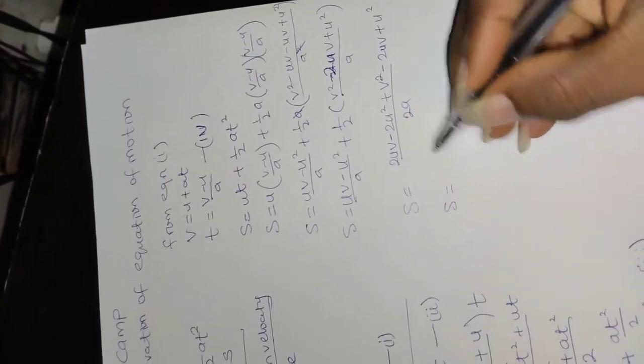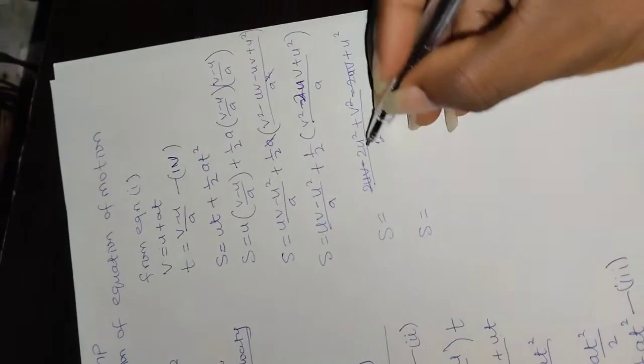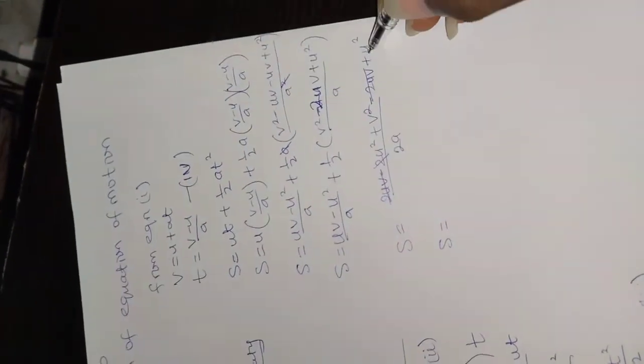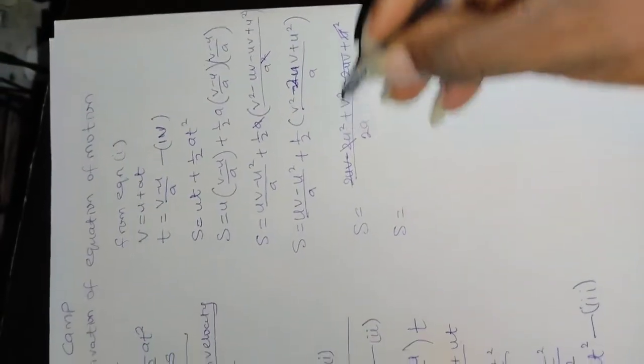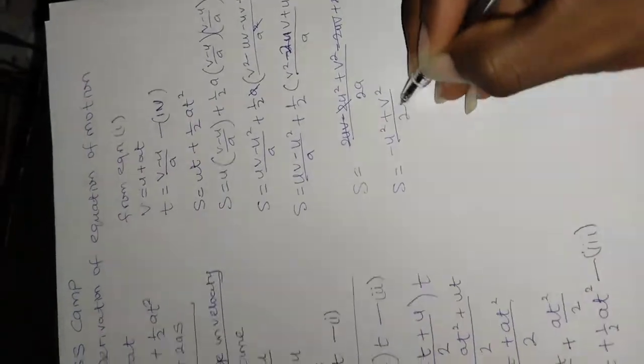So s equals 2uv minus 2uv, that is gone, minus 2u squared plus u squared, we're left with minus u squared, plus v squared. So s equals minus u squared plus v squared over 2a.